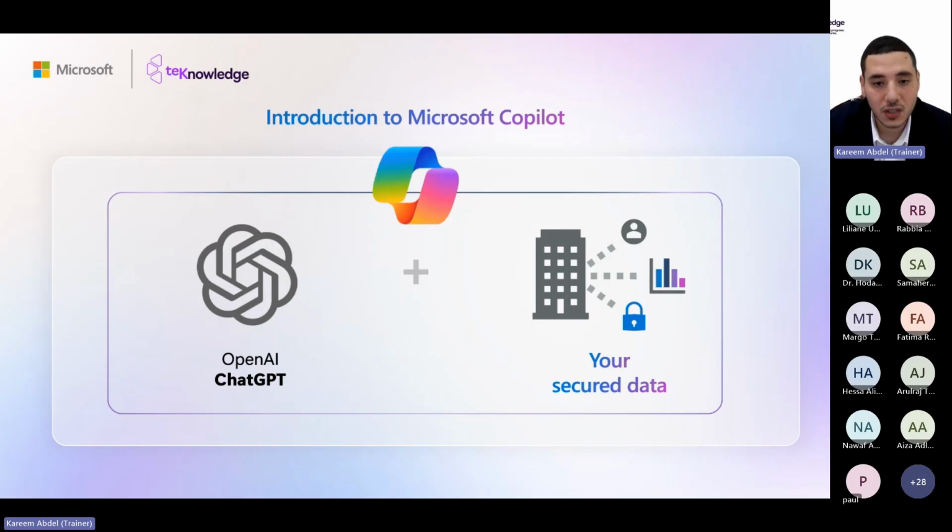So each organization in Microsoft 365 would have its own box of resources, let's call it, which is called the tenant. So within the tenant, you will have all of the users, the hierarchy of users, the documents that they're working on, the email conversations that they're having, the Teams chat conversations, the different meetings, calendars, events, and invites that are going on. So all of these components exist within the same box of resources.